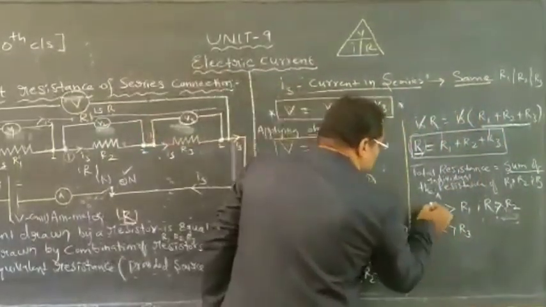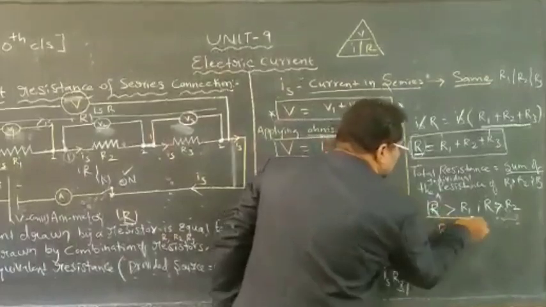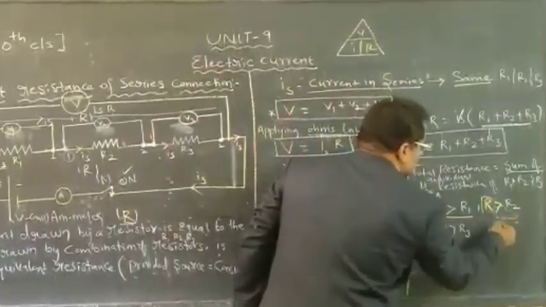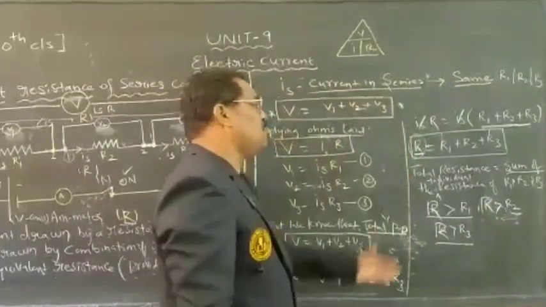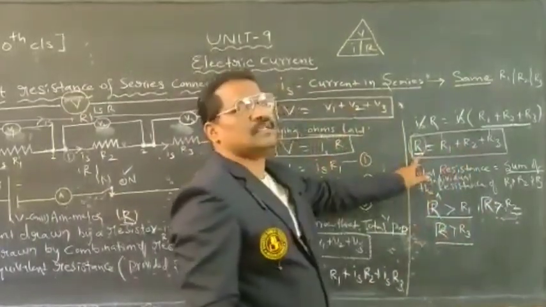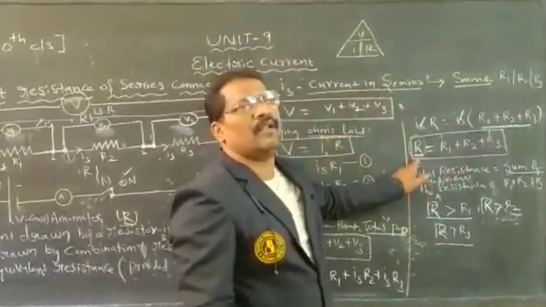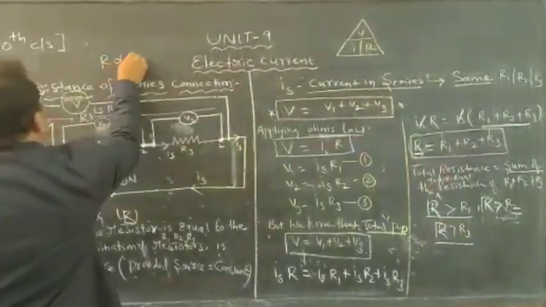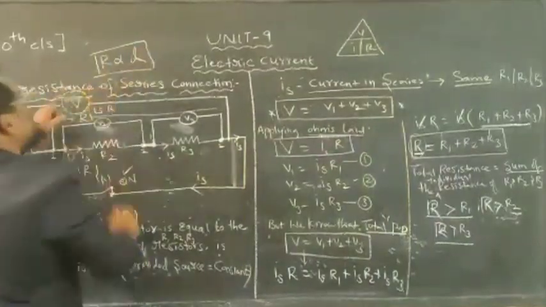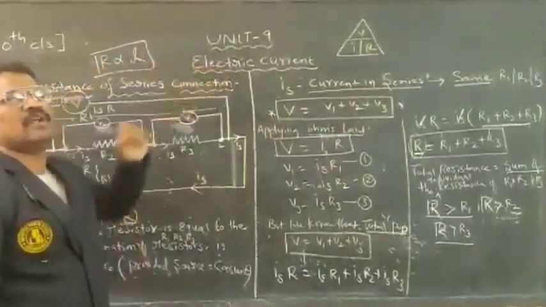If you compare, the total resistance R is greater than R1, R is greater than R2, R is greater than R3. If we compare individually, the whole resistance offered by the total wire, of this length, we know that resistance offered is directly proportional to length. As length increases, resistance gradually increases.